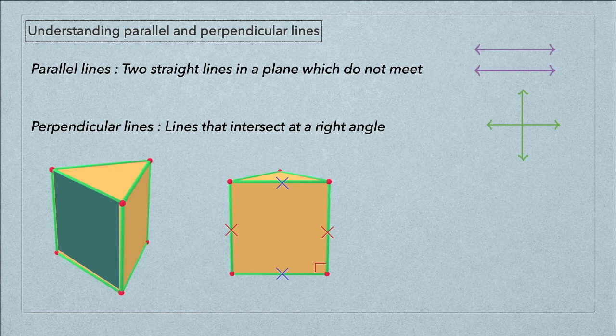Now, if we look at the same shape from different perspective, you could see this. Now, in this shape, of course, this is the same shape, only the point of view is different. How many parallel lines are we going to have?